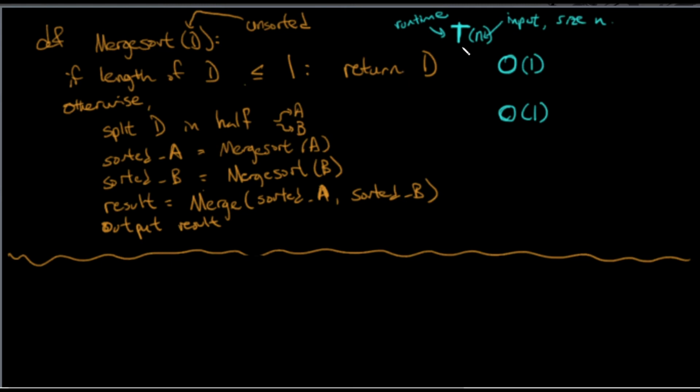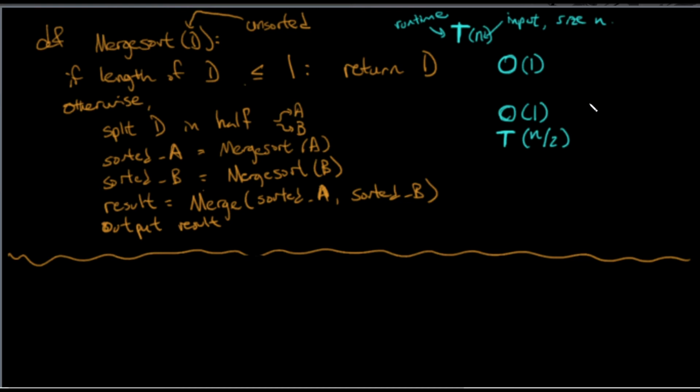Well, we already came up with some symbols for the runtime of merge sort, and we already hammered down our notation that we wanted to use. Given that the runtime is represented by a capital T and the input of size n is represented by n, we can denote the runtime of this to be the runtime of merge sort on an input of size n over 2.